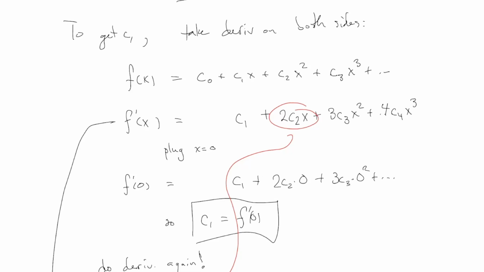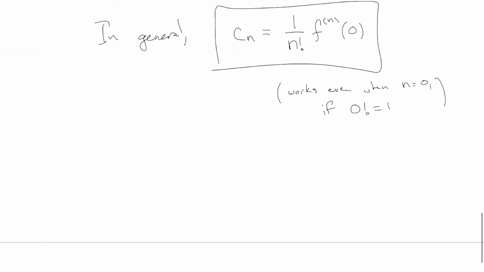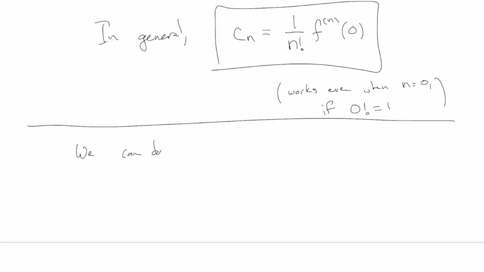I don't want to go through all the details, but if you do exactly the same tricks, I'll just tell you what it comes up with. So we can do the same tricks. You could work all this out on your own if you really want to.